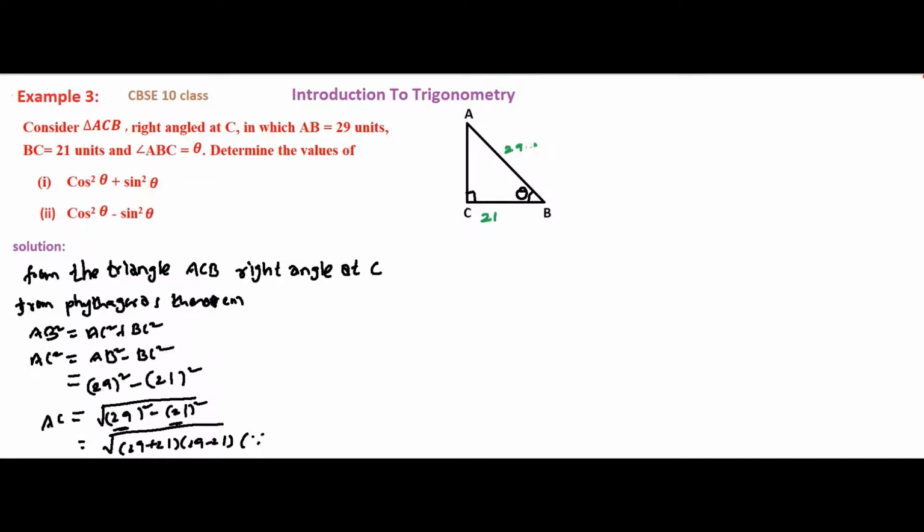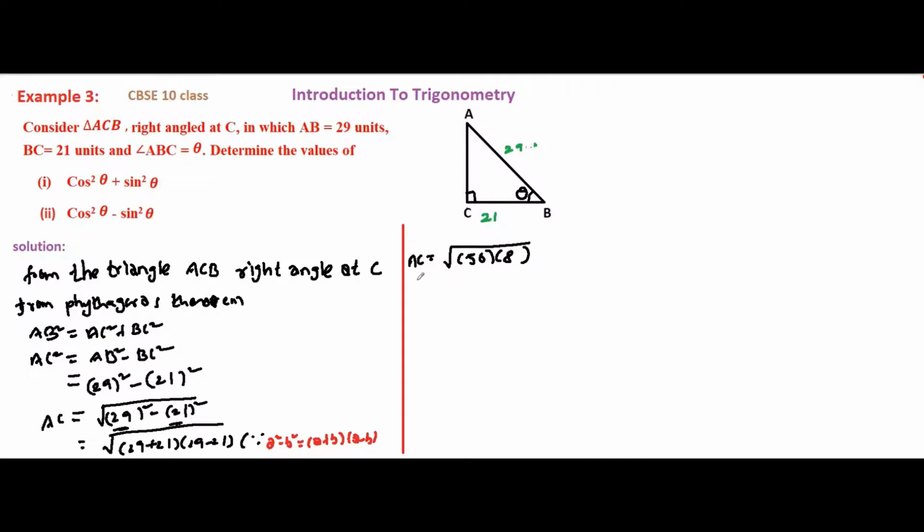Since a square minus b square equals a plus b into a minus b, now make the simplification. 29 plus 21 means 50, and 29 minus 21 means 8.